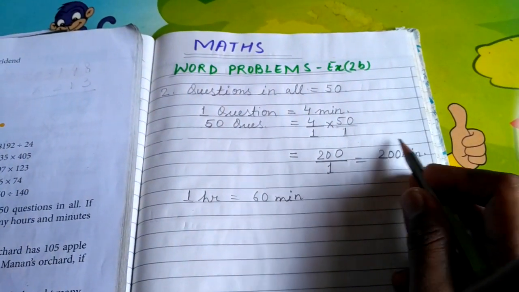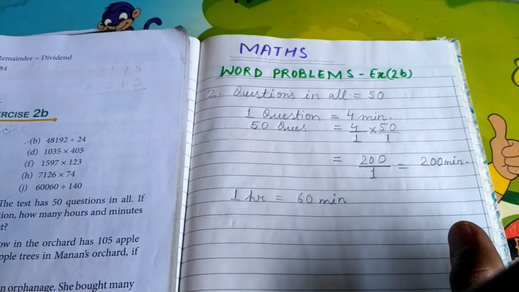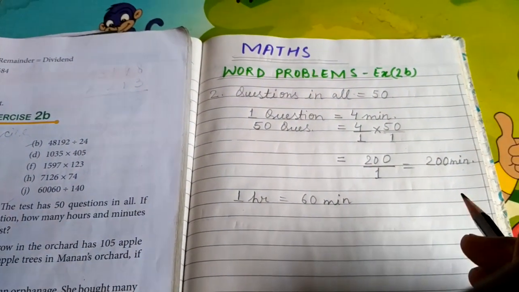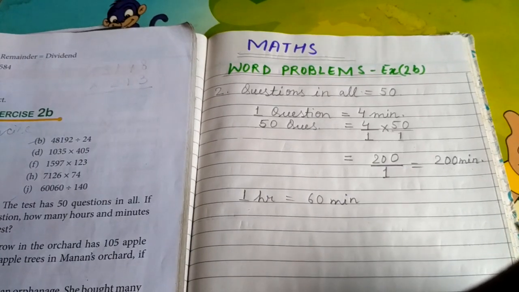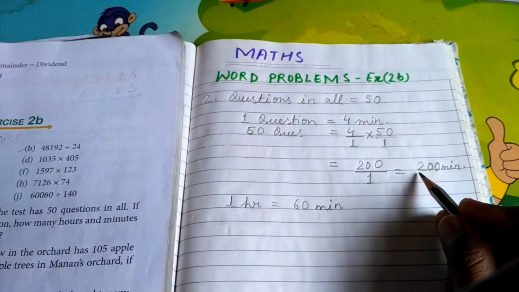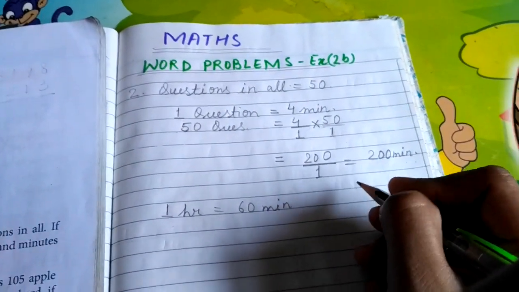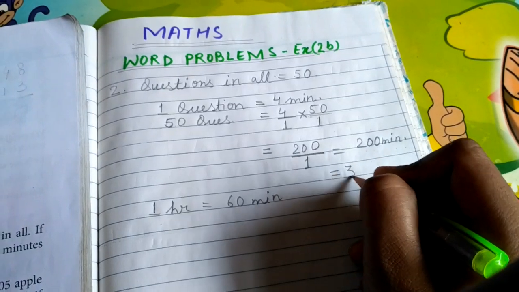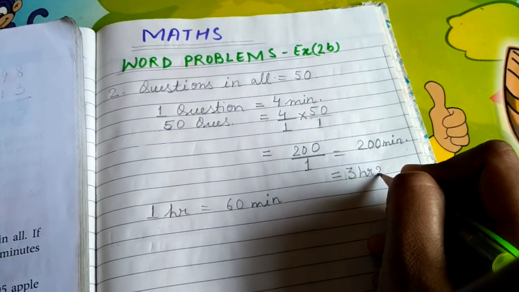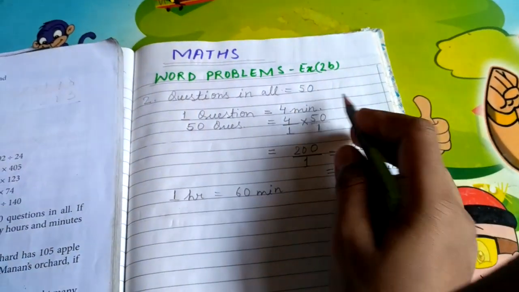So out of 200 minutes, 180 minutes we have got as a whole, just 3 hours. Now how many minutes are left over? 20 minutes are left over. So if we want to write 200 minutes in hour form, we can write that he will spend 3 hours 20 minutes to solve these 50 questions.